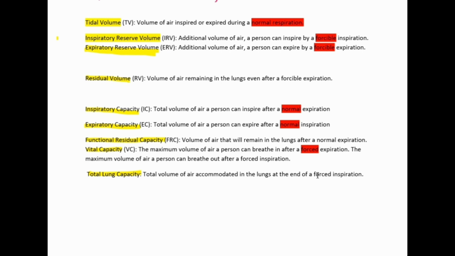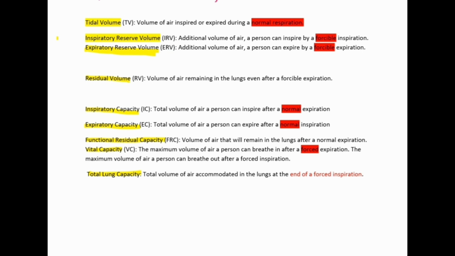If it is after a forceful process, then we call it vital capacity. Let me explain. Vital capacity is the maximum volume that a person can inspire after forced expiration.